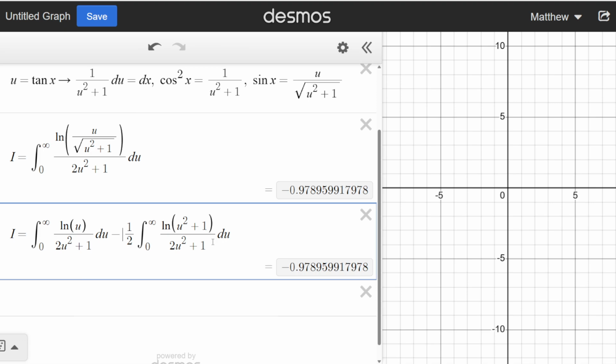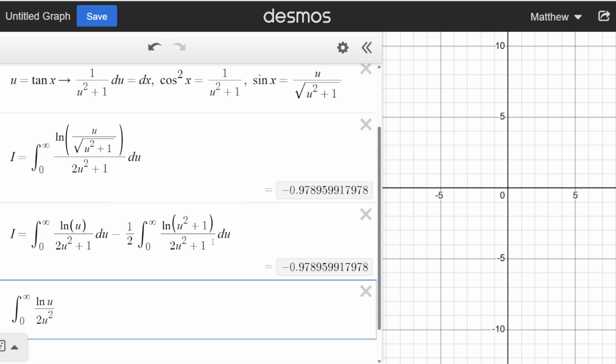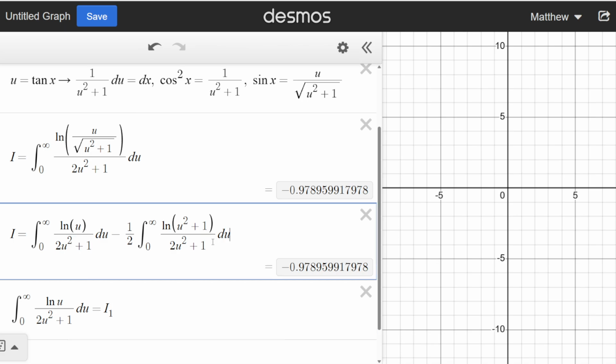So now let's label these two integrals. We'll label this one, just this part, and we'll label this one. So we're going to say that the integral from 0 to infinity of natural log u over 2u squared plus 1 du is just going to be equal to I1, is what we'll call it.